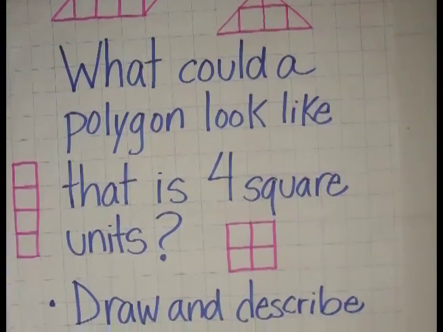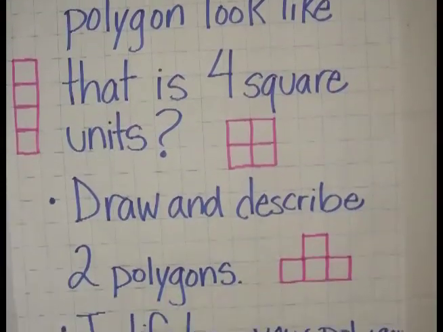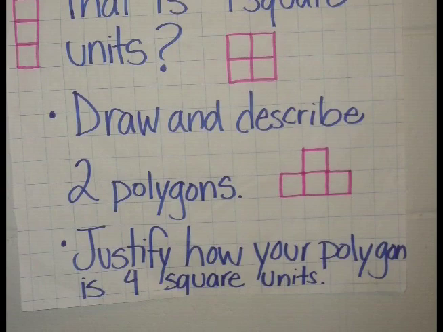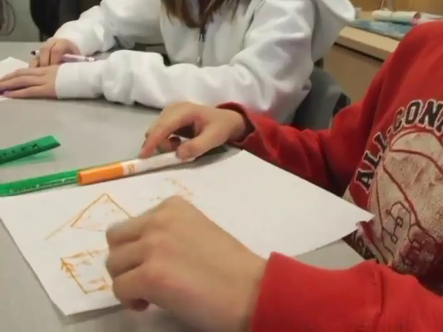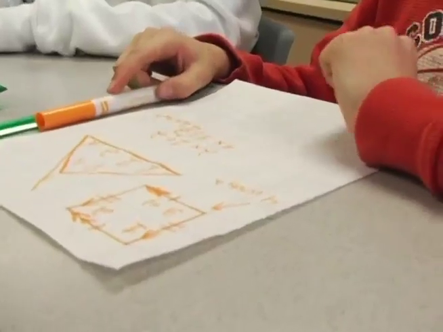Take a few minutes now to turn to your elbow partner and share what you have on your paper so we can generate some conversation and see what you have that's similar or different and new ideas that you can share with each other. I drew a square because a square can be a rectangle, but a rectangle cannot be a square.